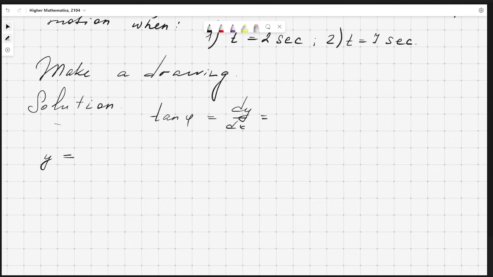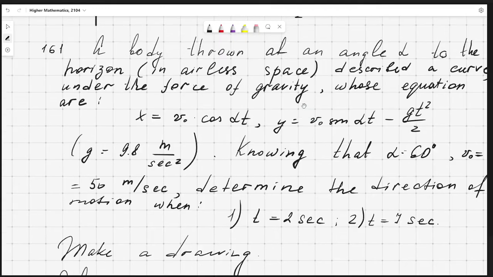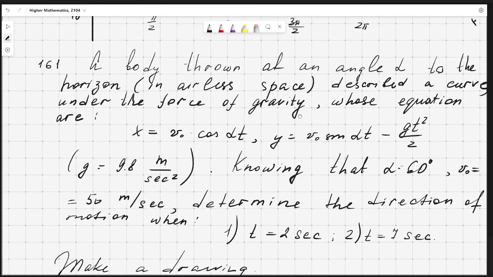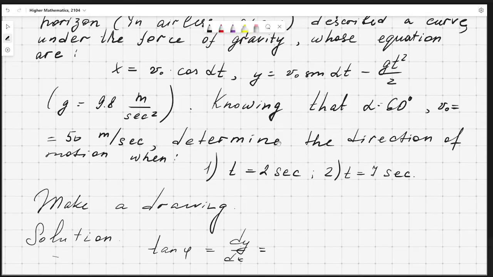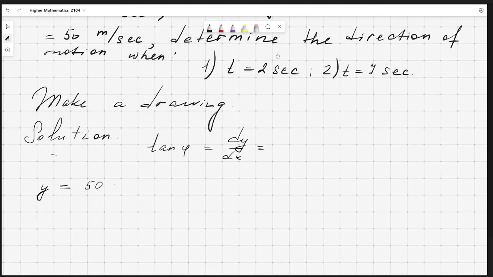Y is v0, which is 50, times sine of alpha. Alpha is 60 degrees.